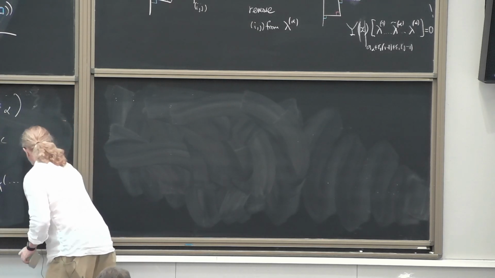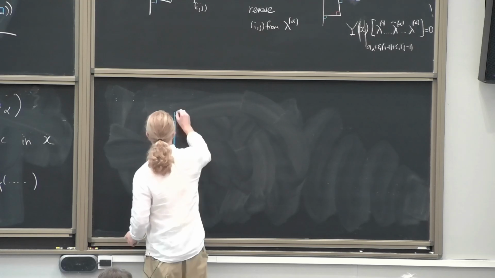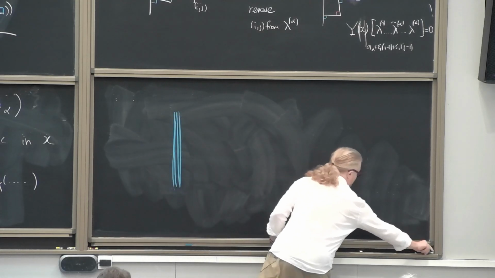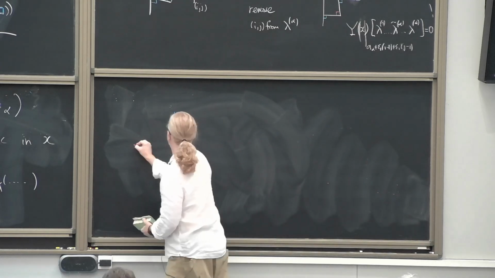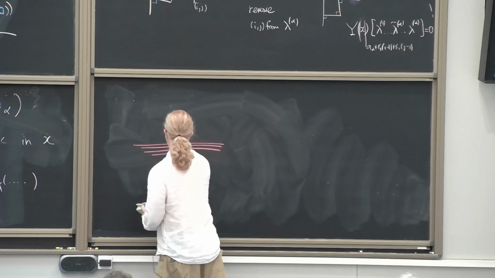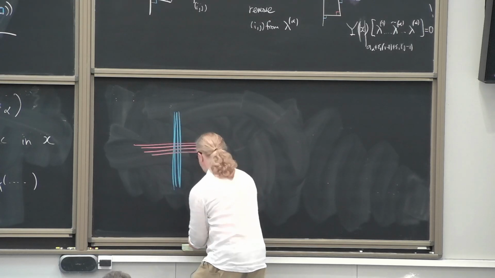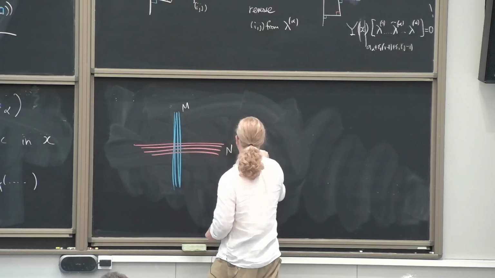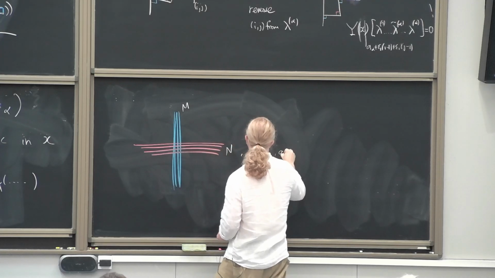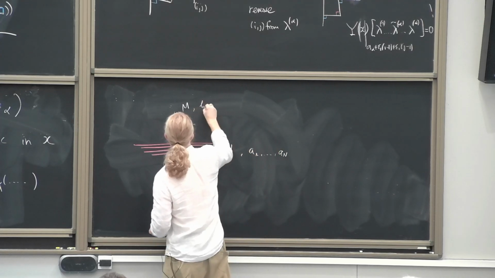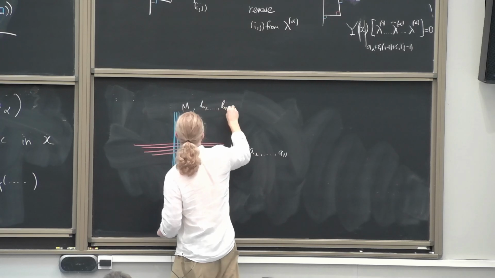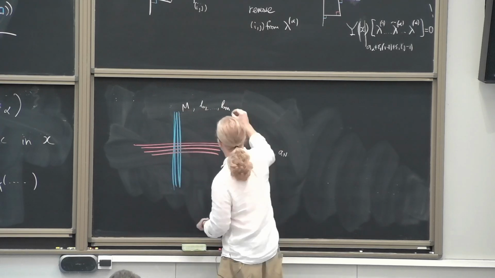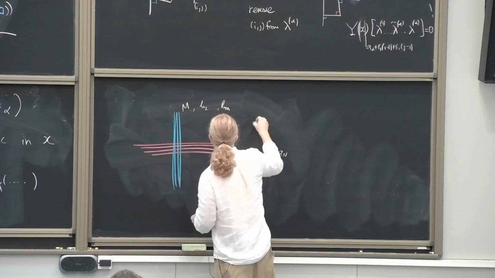So there is a formula for this. There is rank n here, rank m here. Here we had the parameters a1, ..., an. Here we'll have the parameters b1, ..., bm, and x is kind of relative.